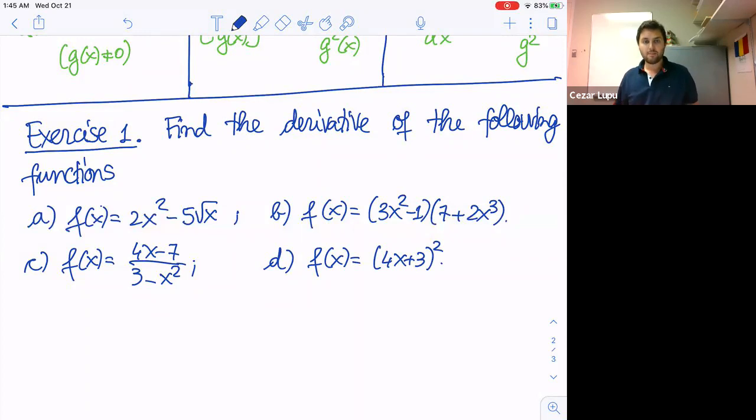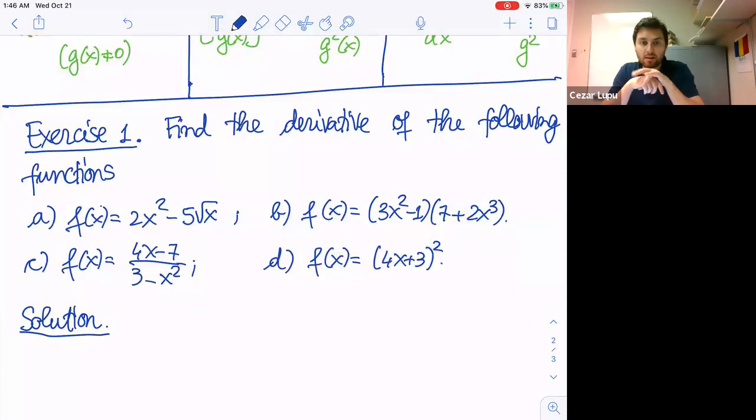Well, as you can see, if you look at these functions, the first one is just a combination. There are 2 functions, the quadratic function and the square root of x, but it's a linear combination of these 2.